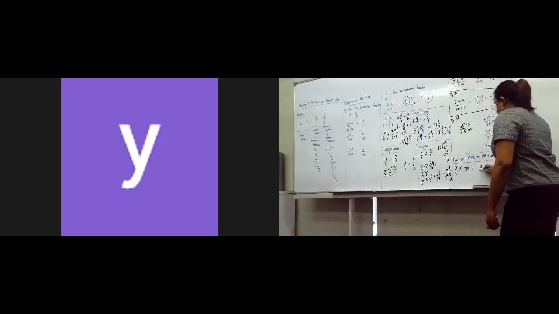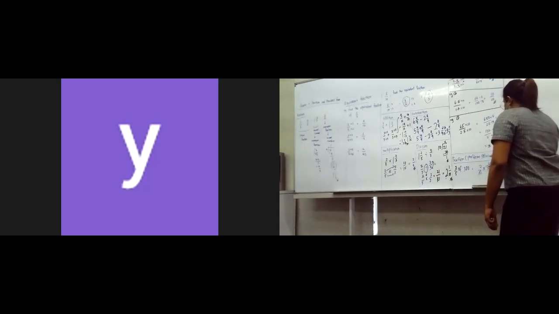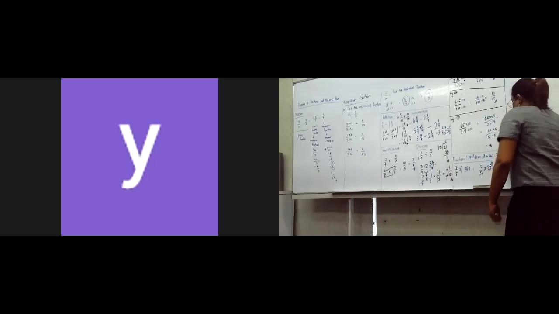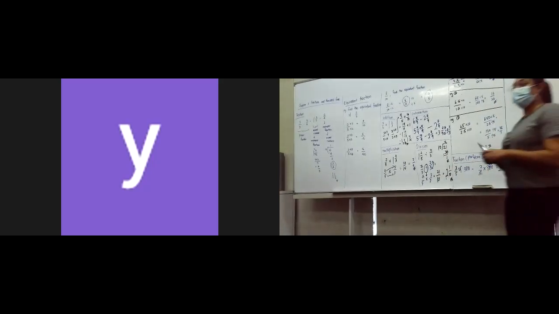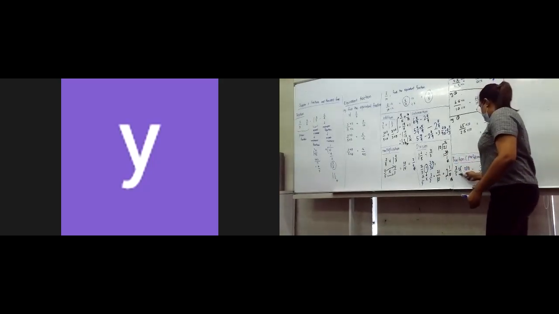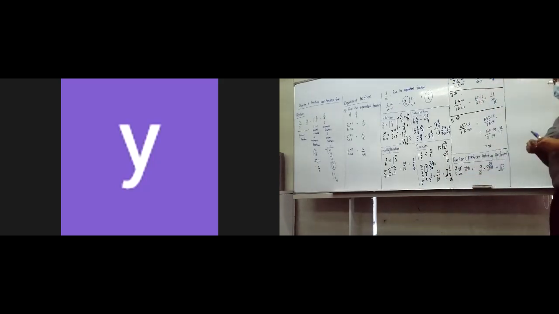So it will be 2 over 5 times 300, which is 120. Like this. When you have the word "of", it will be multiplication.